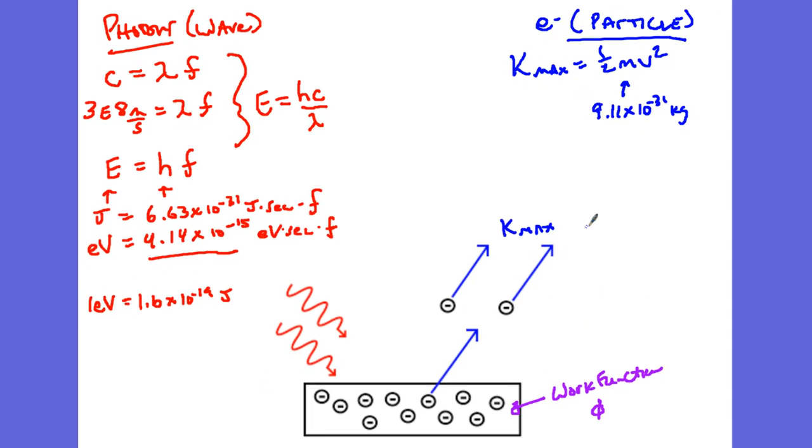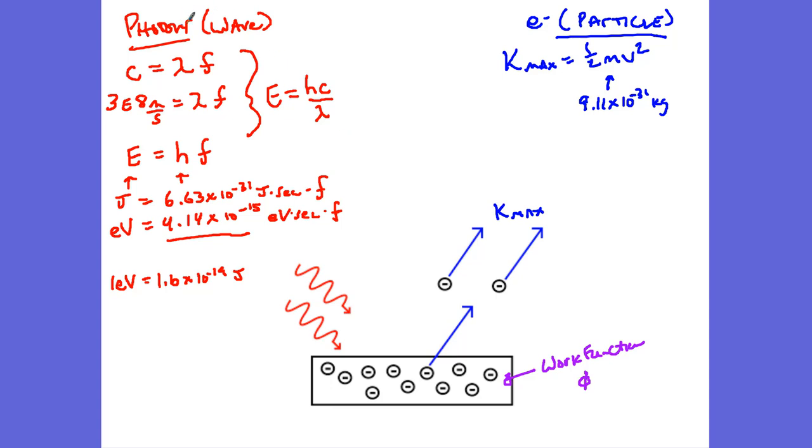And so these are the equations I'm going to use. C equals wavelength times frequency, E equals Planck's constant times frequency, for photons or waves. In the particles, we're going to use this equation of the kinetic energy max equals 1/2 mv squared. And there's an equation that relates both of these, which is called the photoelectric effect equation.